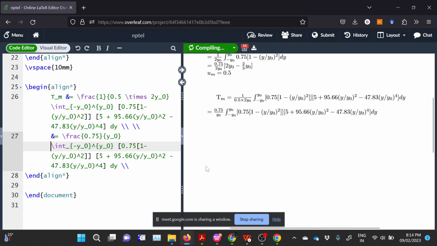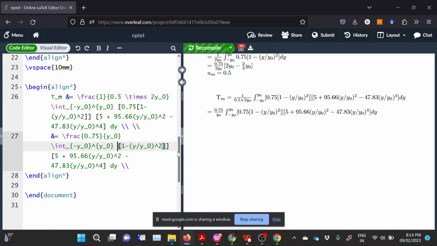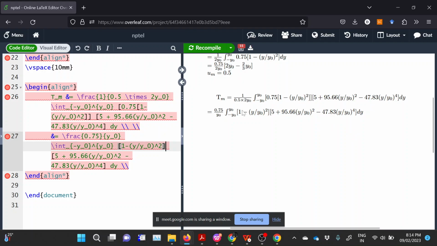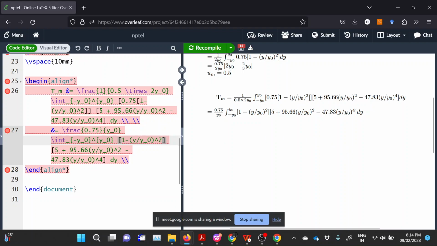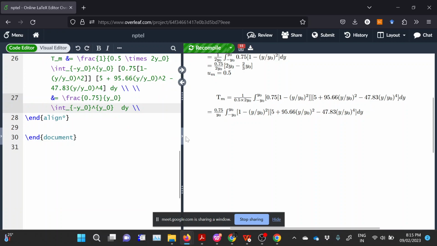This is now a product of two expressions, which has two terms for the first expression, and there are three terms in the second expression. So this will now boil down to 6 terms if we perform the actual multiplication. So let's write that down.